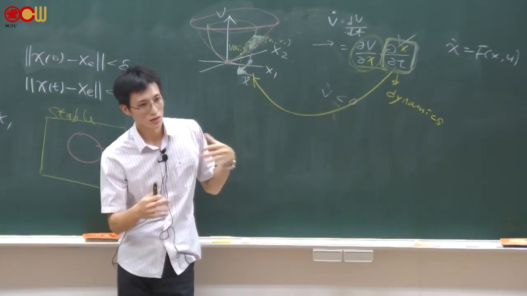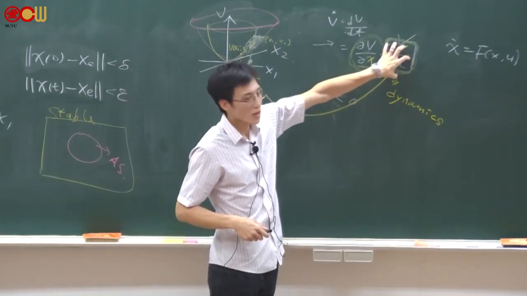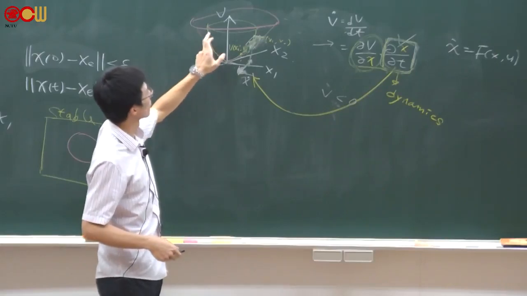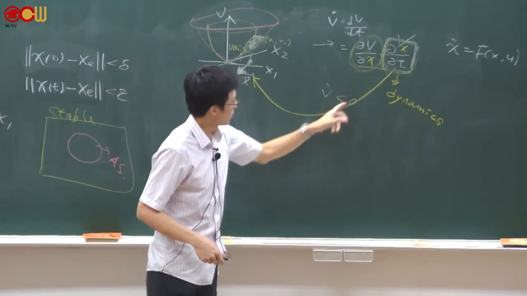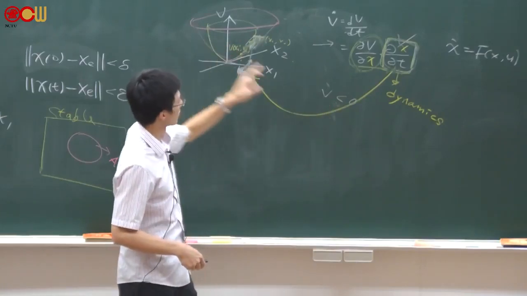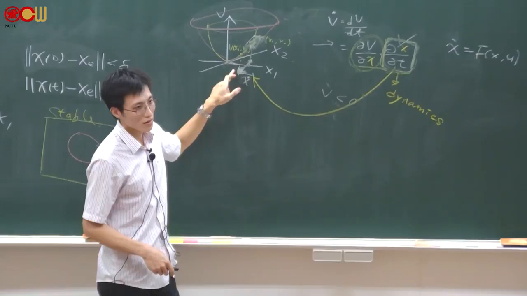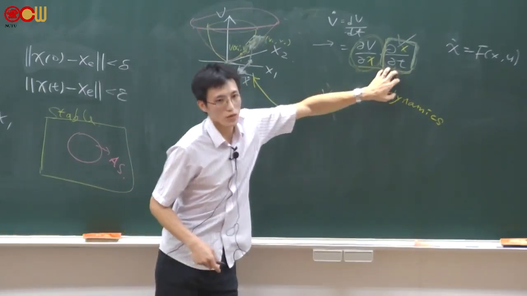The analogy is this. But if I use the same motion pattern for different mountains, I choose different Lyapunov functions. Maybe mountain 1 doesn't always guarantee this, and I choose a different mountain, and this condition always holds no matter where I am. Then it's a good Lyapunov function. But the dynamics is the same one, right?